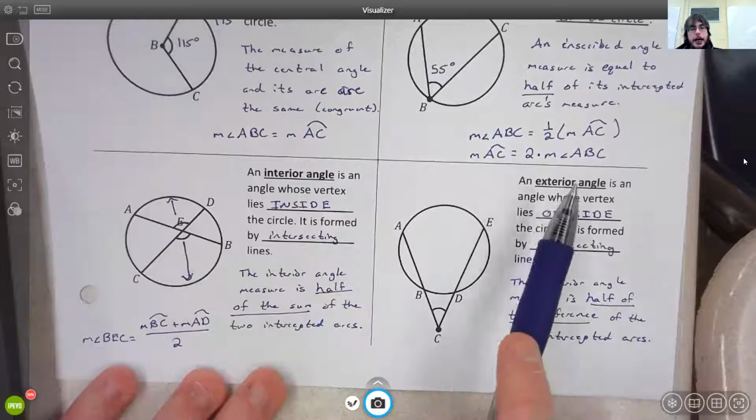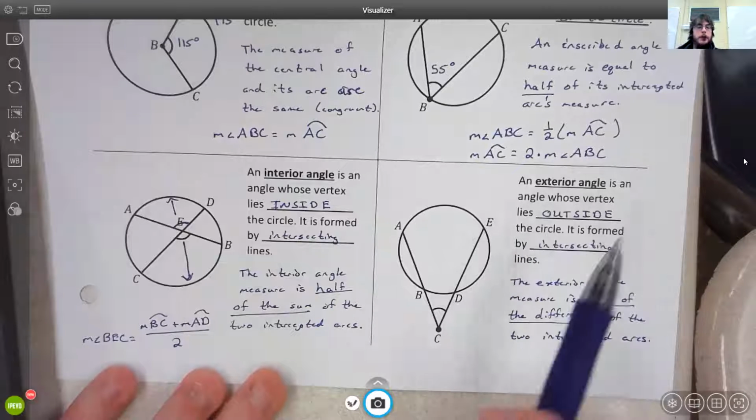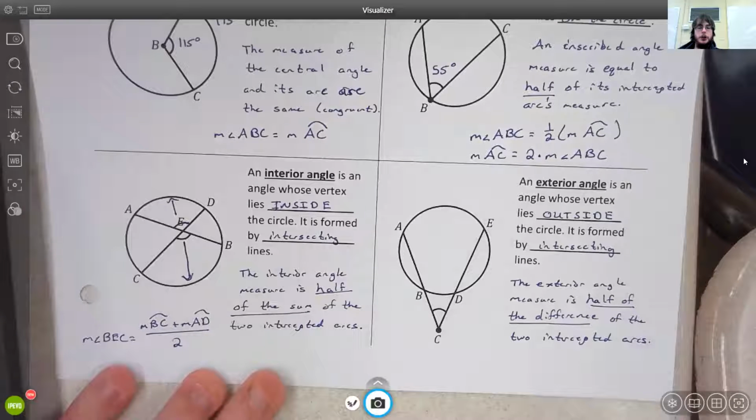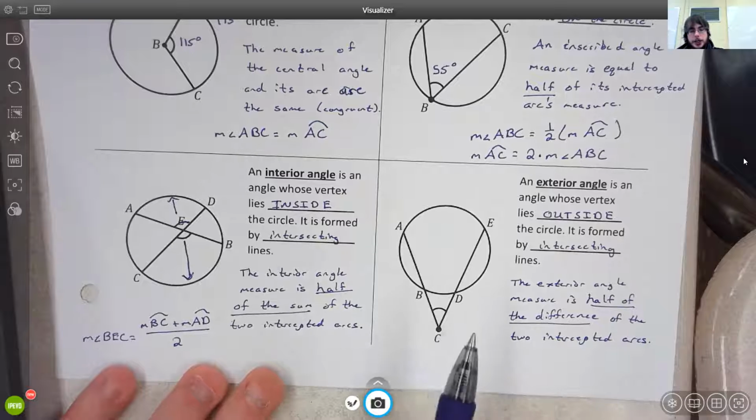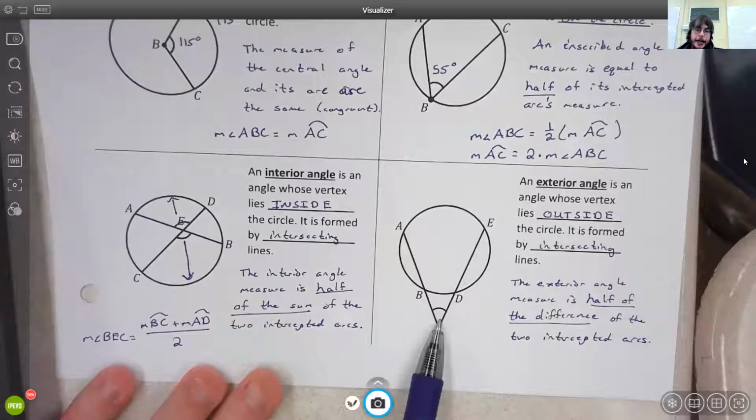But if you're on the exterior of a situation, if you're outside of a group, then you are not part of it. They are different. They're not people you would hang out normally with. So they are different from you, so you take the difference when you are on the outside, when you have the exterior.